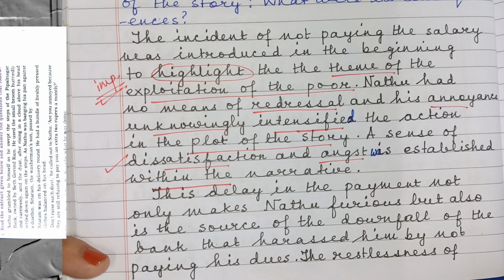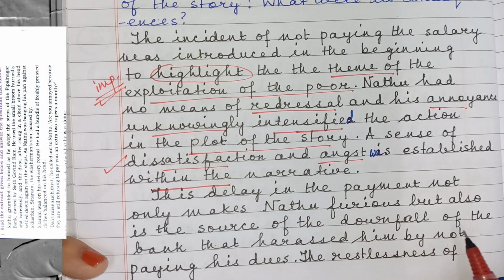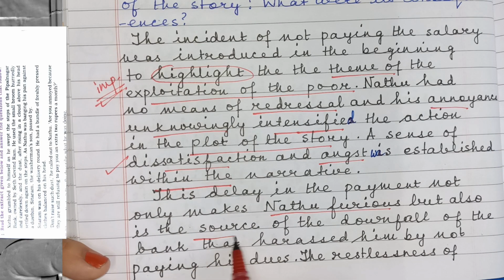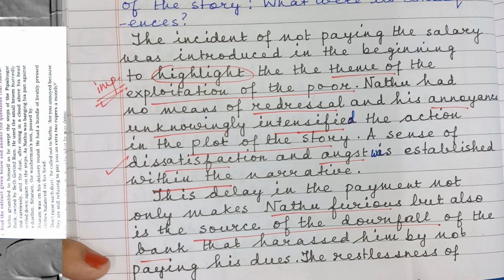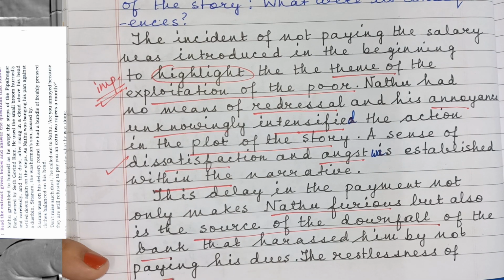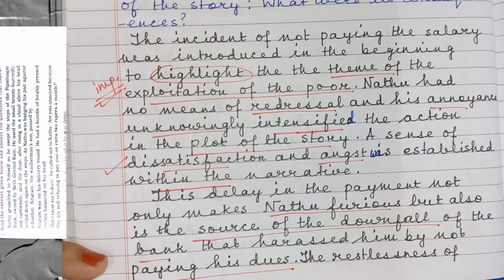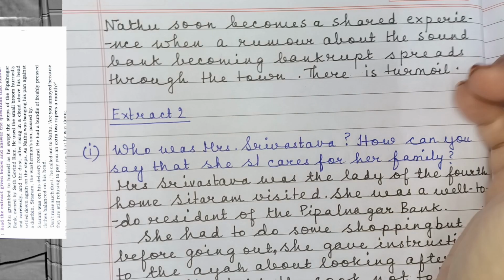And what were its consequences? This delay in the payment not only makes Nathu furious, but also is a source of the downfall of the bank that harassed him by not paying his dues. The restlessness of Nathu. Nathu restless हो रहा था, कब मुझे पेमेंट ठीक पेमेंट मिल जाएगा.